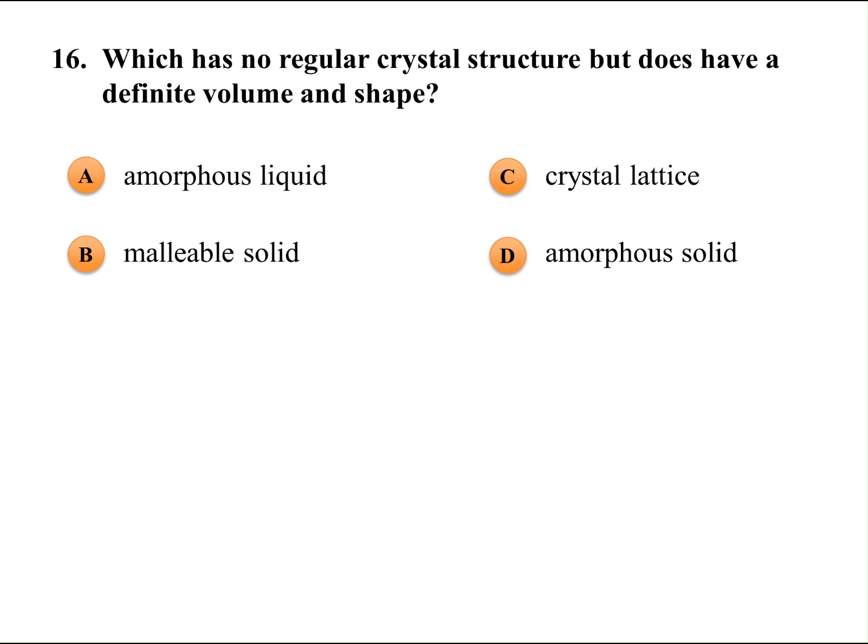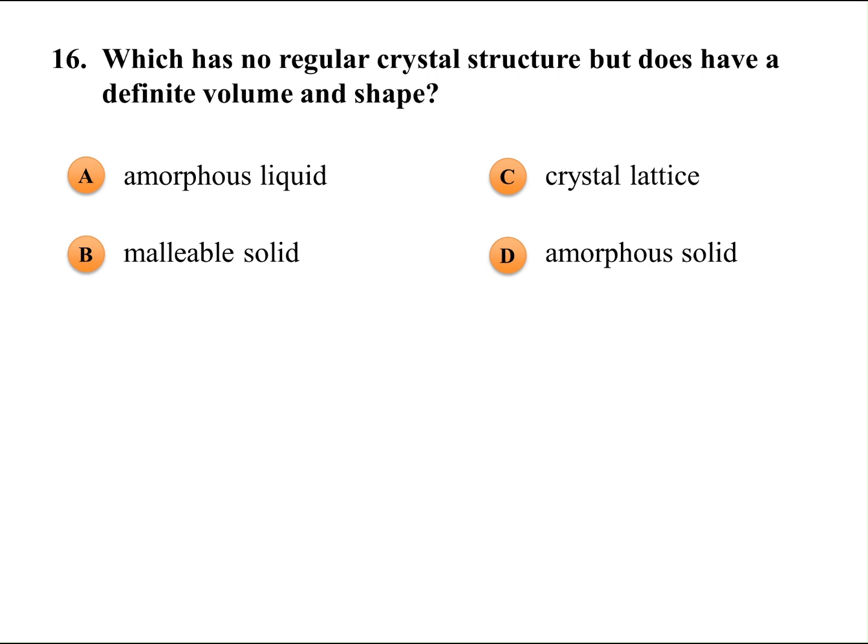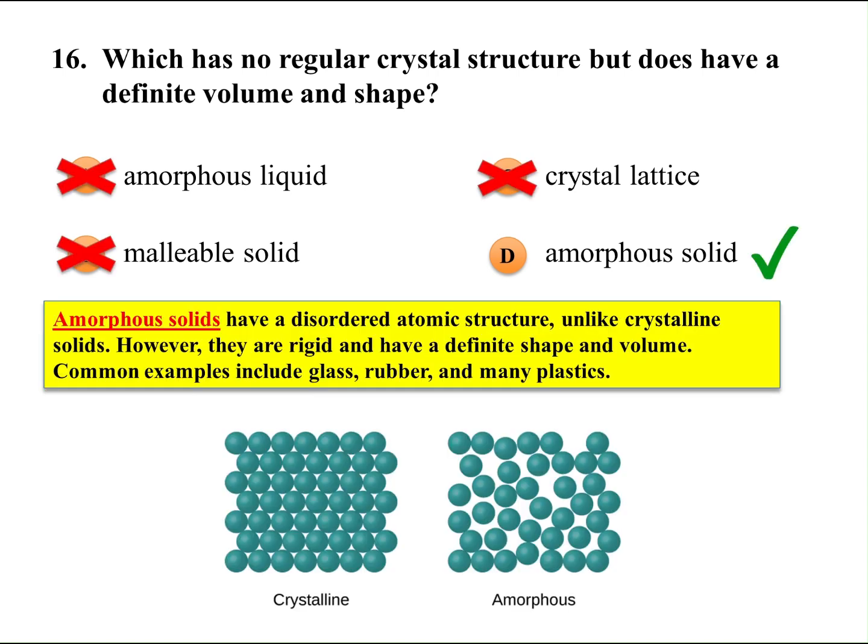Which has no regular crystal structure but does have a definite volume and shape? The correct answer is D, amorphous solid.